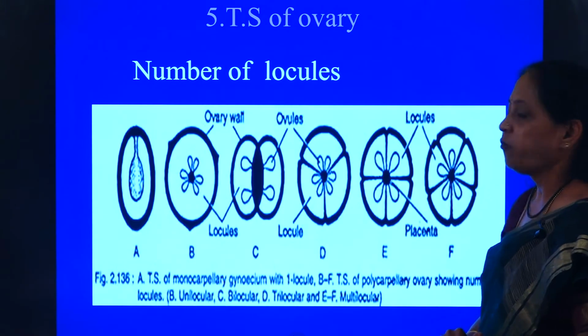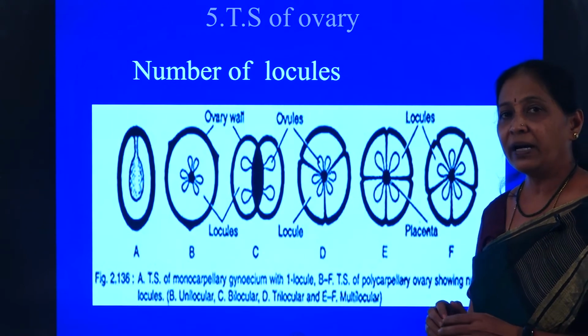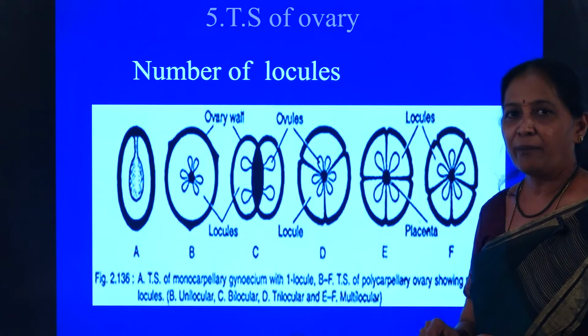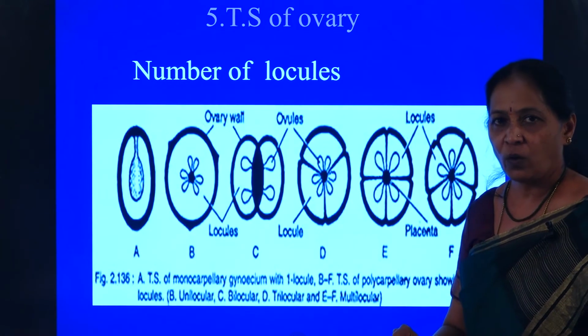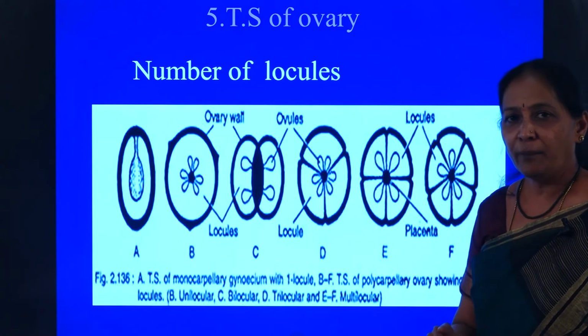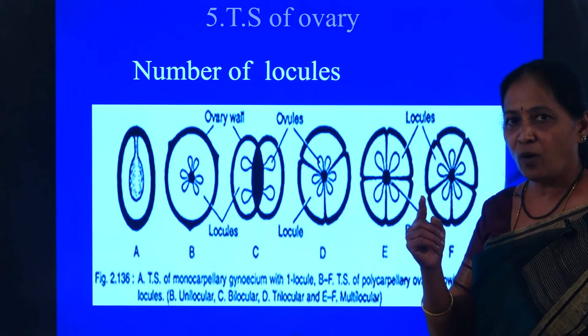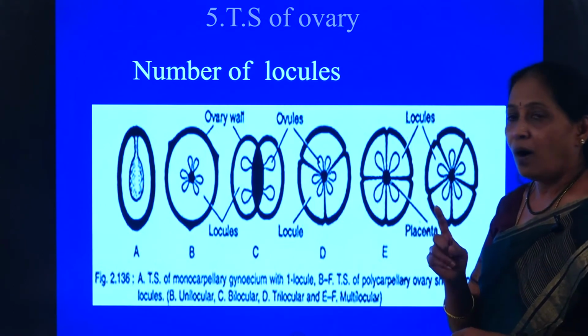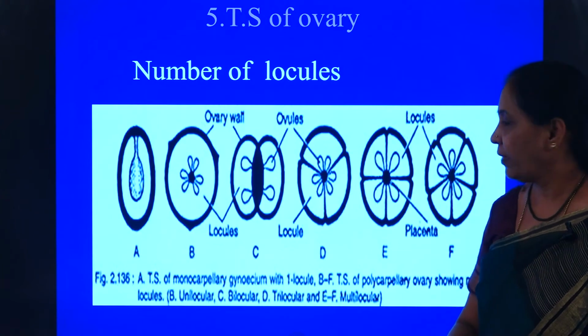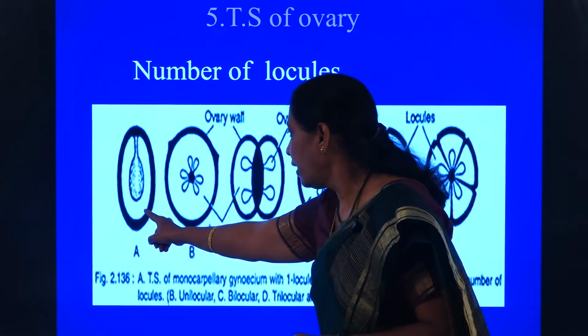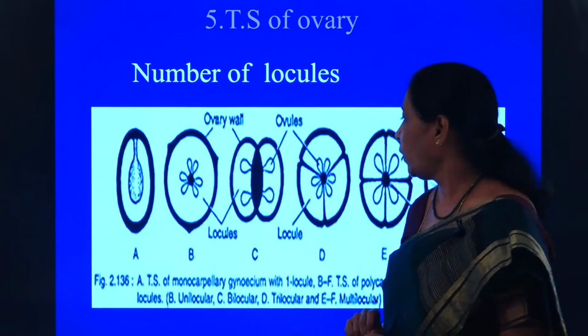That is the number of locules. The compartment that is present in the carpel is referred to as the locule. The number of compartments in a carpel, we call that compartment a locule. When it is monocarpellary, it is the unilocular condition, there is only one locule.